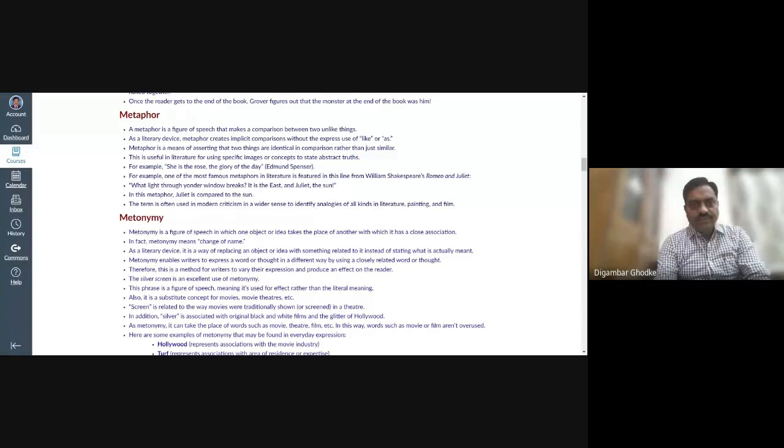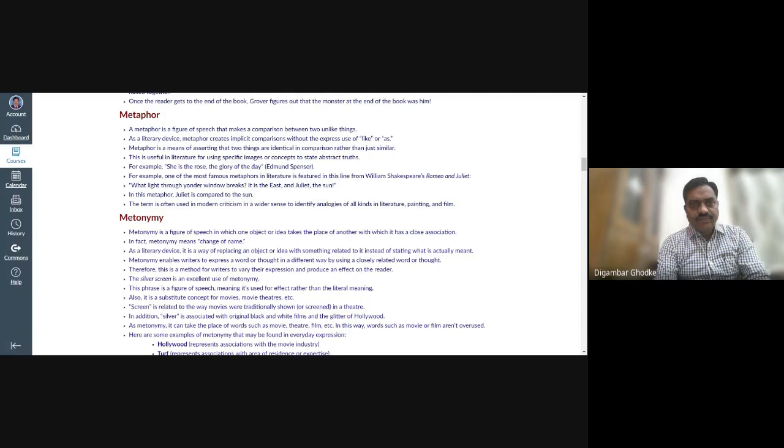Now, what is the common quality that makes the poet compare a lady with a rose? Of course, it is beauty, attractiveness, freshness. So these are certain qualities of the rose that the poet finds in that lady.